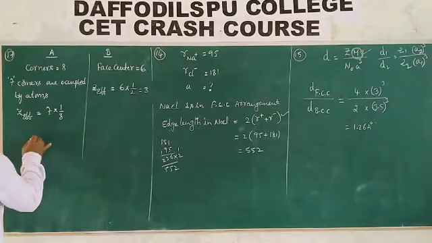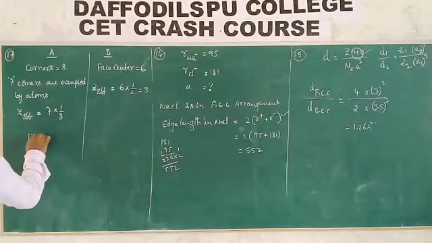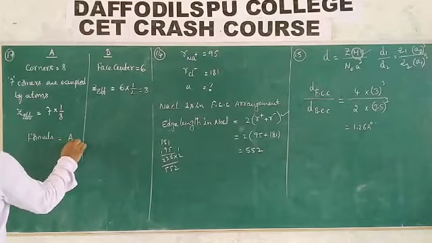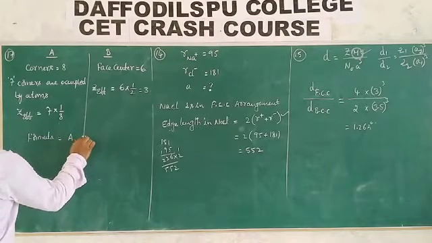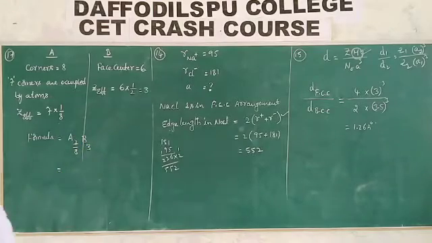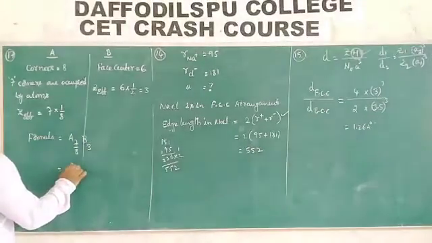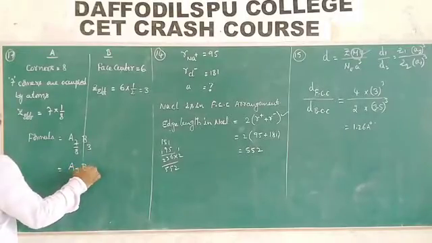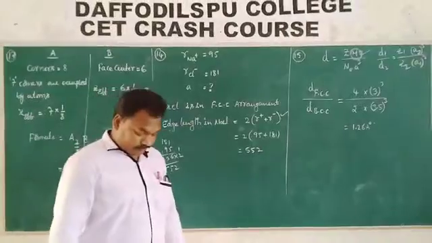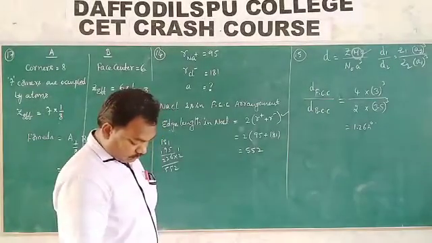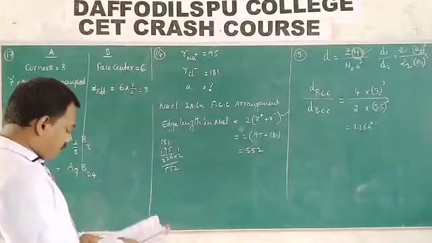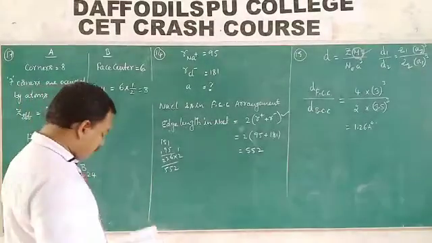So the simplest formula is A 7 by 8 B 3, so it becomes A7 B24. Next, come to question number 19.